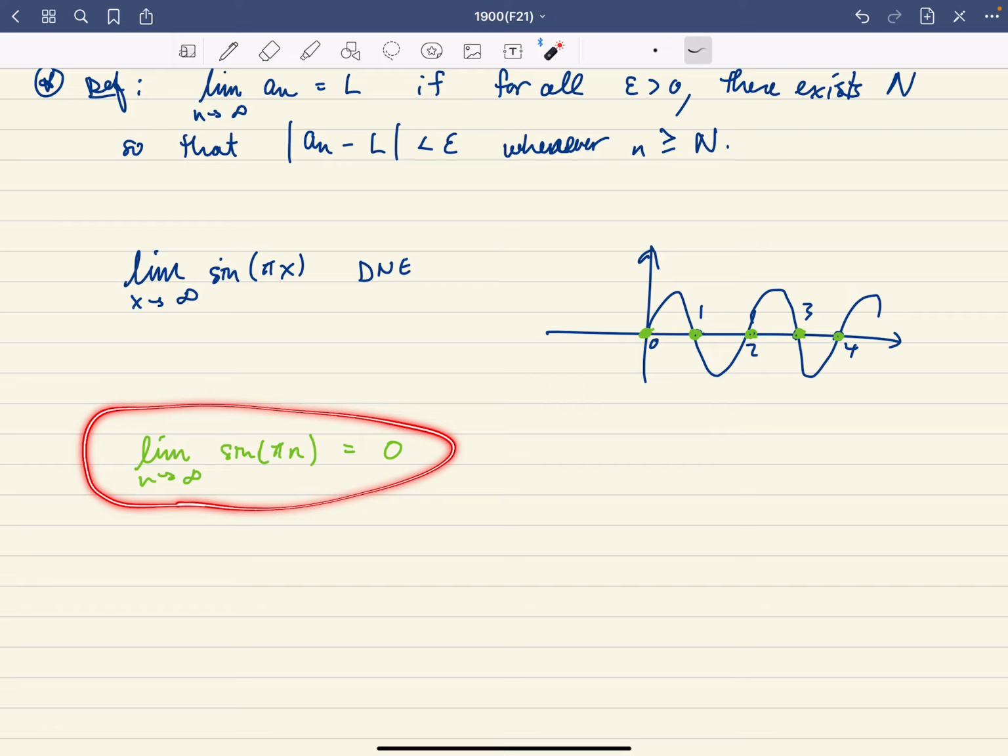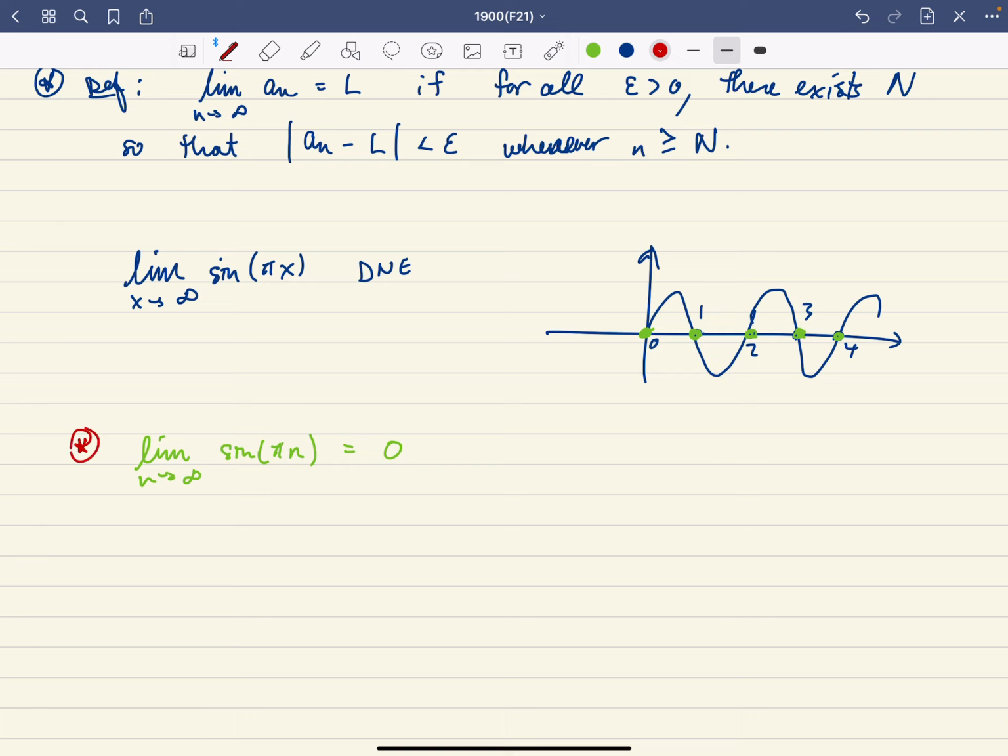It's a very boring sequence: each time you plug in n, the term is 0. It's a constant sequence, and therefore it converges. So the point here is that it's possible for the limit of a sequence to converge, but the limit of a function not to converge. On the other hand, if the function converges to L, then the sequence will as well.